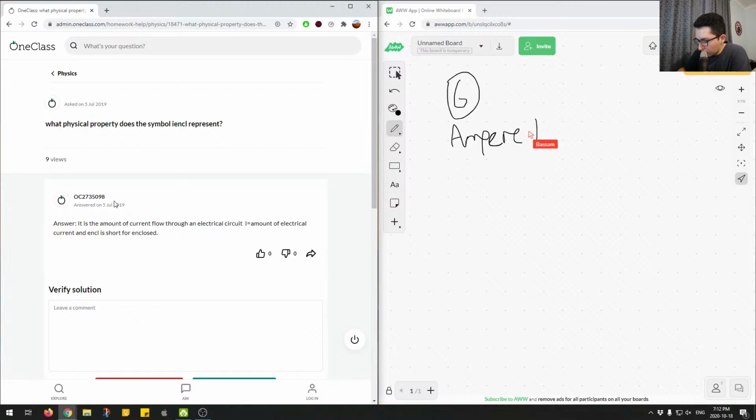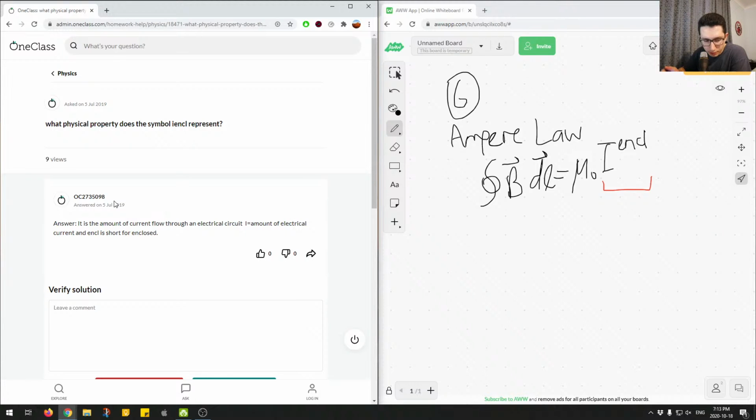Ampere's law. And the equation for this is the path integral of B dot dl, which will be equal to a constant times I_ENCL. And this term over here is what we're referring to when we're talking about I enclosed.